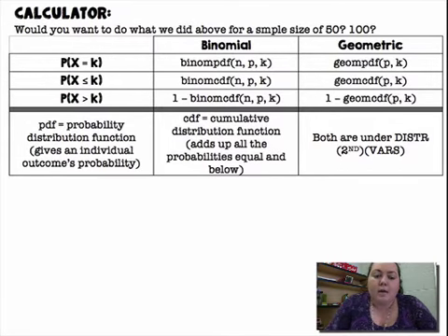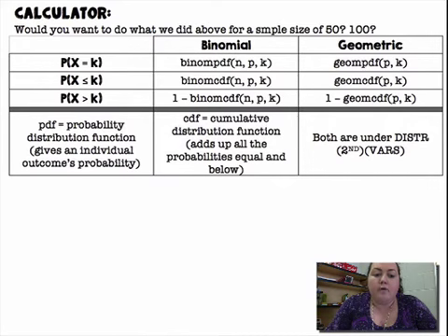If they are asking you to find a probability of it being less than or equal to some value, then it's a cumulative distribution function. So it's binomial CDF or geom CDF. And if they're asking you to find it where it's greater than some value, then it's 1 minus the CDF of that type of function.